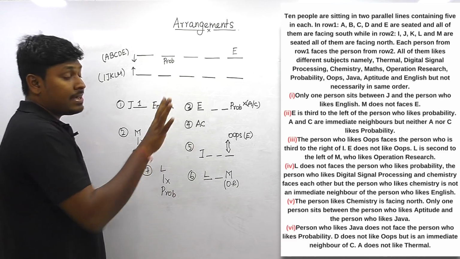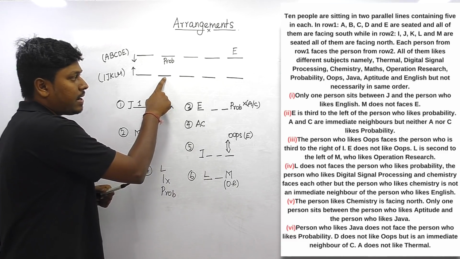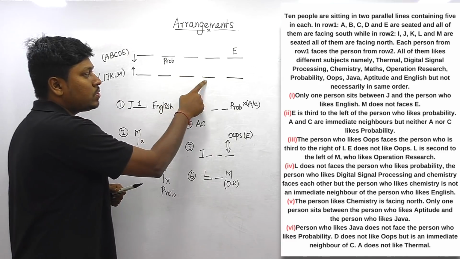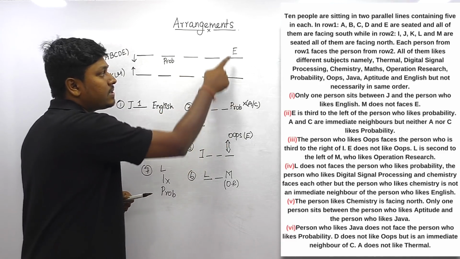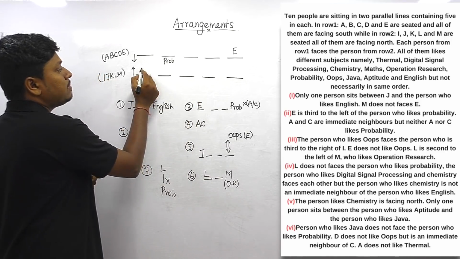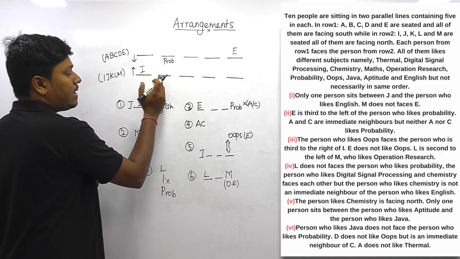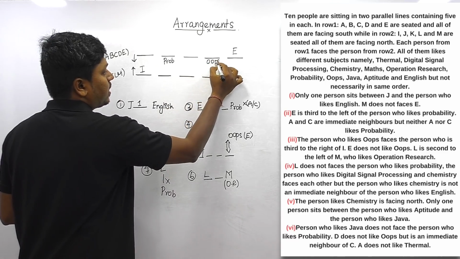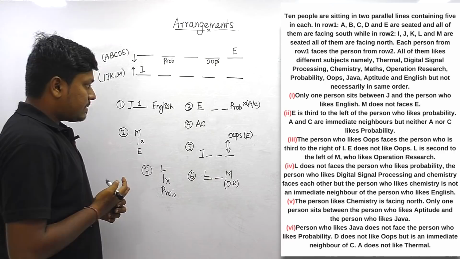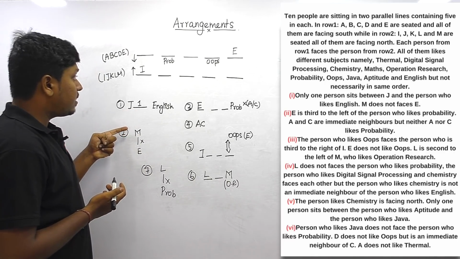If I fix I here, listen carefully friends, I's right hand side will be this side, so 1, 2, 3, and this person should face OOPS. We already know that E does not like OOPS. So the only possibility is to fix I here, I's right hand side 1, 2, 3, and this should be OOPS. Okay, and the next is J and English.